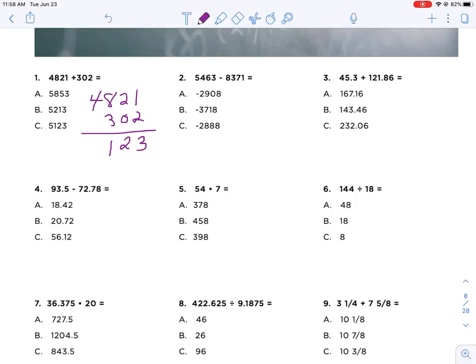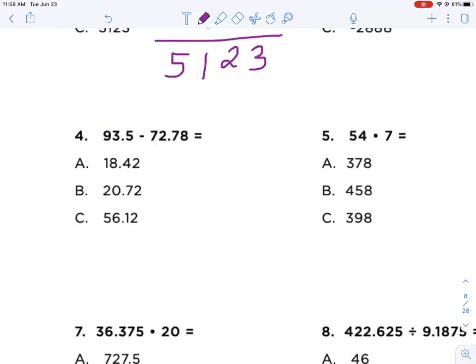Remember, you put down the 1 from the 11, and the tens of the 11 goes up here and adds on to the 4. Number 3, if you are adding decimals, you have to line up the decimal point, and then you do the same procedure that you did before and bring the point down, so the point would be right below that, and you just add it up.